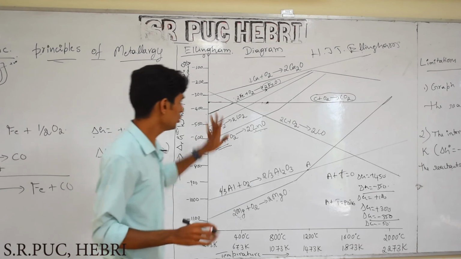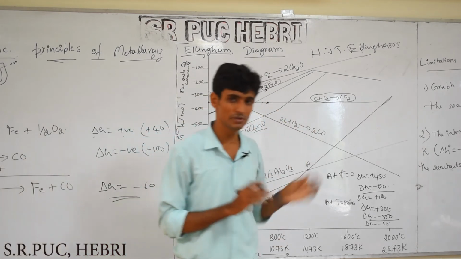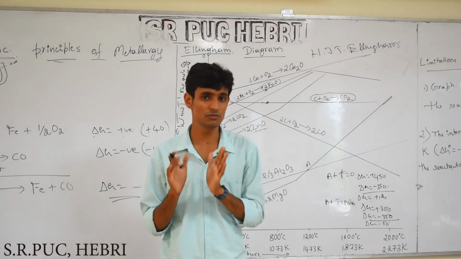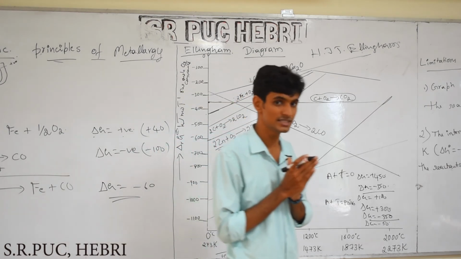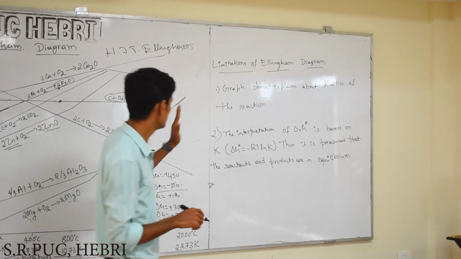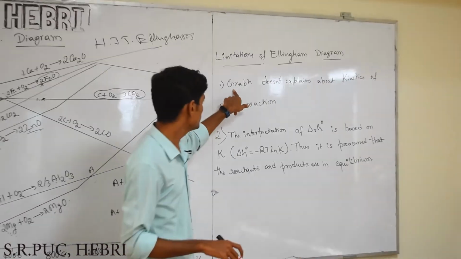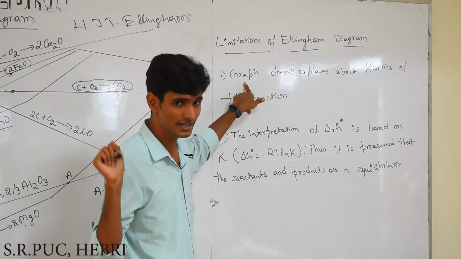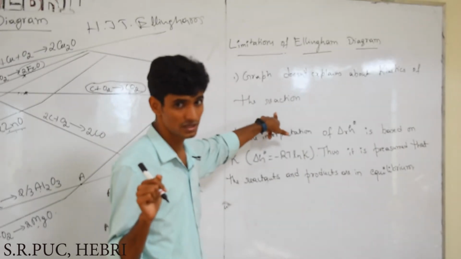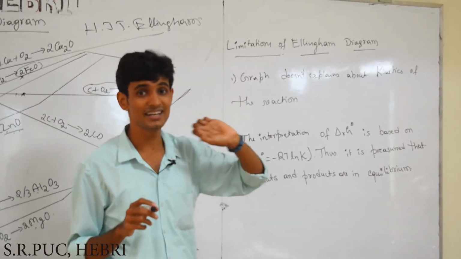Now I hope that you understood this Ellingham diagram. This Ellingham diagram is not perfect, and it has some limitations. There are two limitations, which I have written here. The Ellingham diagram doesn't explain the kinetics of the reaction.